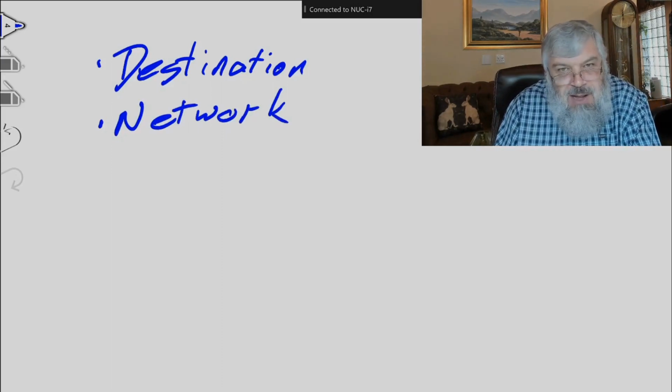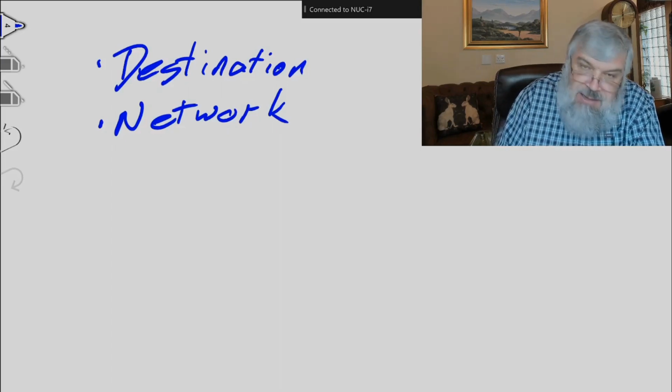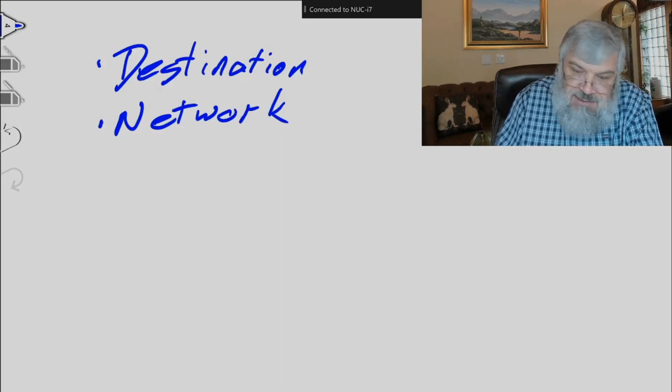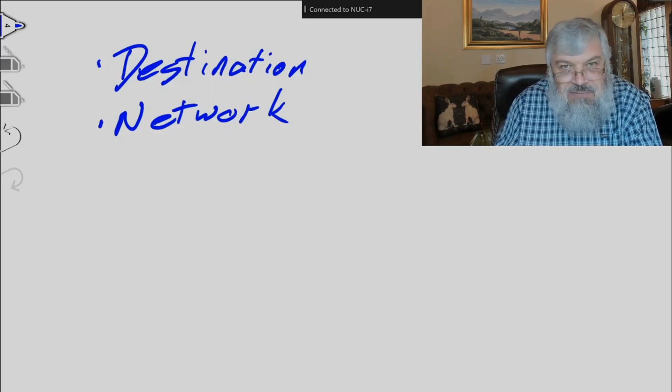If we compare the network portion of the destination address used in the packet, and the network portion of this router that we are working on now, if they're the same, then it means it's on that network. It's arrived at its home network, at its destination network, and direct delivery is what will happen. It will just give it to the local network to deliver.